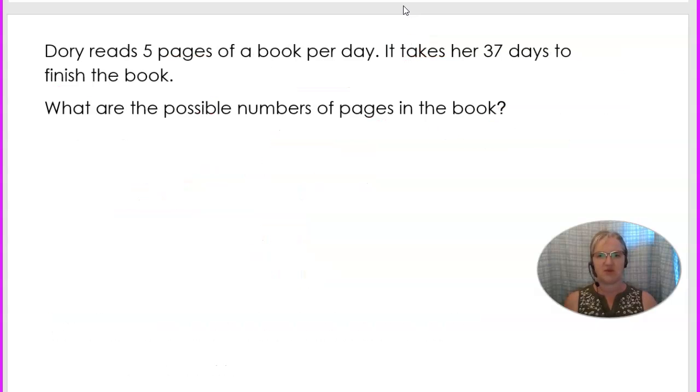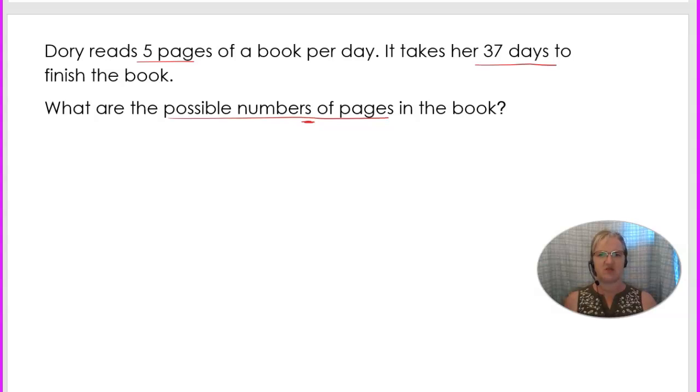Here's another one. Dory reads 5 pages of a book per day. It takes her 37 days to finish the book. What are the possible numbers of pages in the book? So here, look carefully. Possible numbers means we're looking for more than 1 number in the answer.